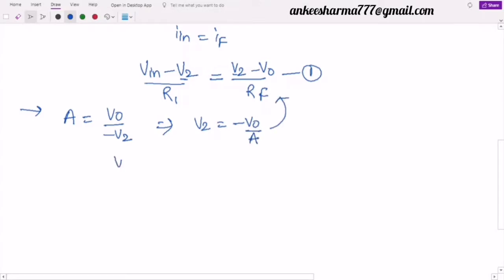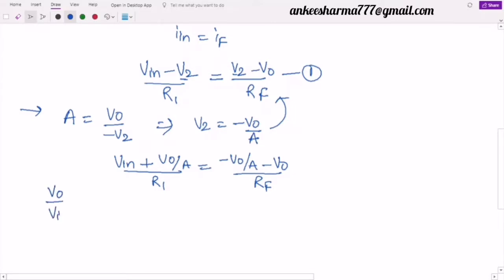So what I will get is V in minus V2, which is V in plus V0 by A, divided by R1, and it is equal to minus V0 by A minus V0 by RF. By solving this, I will get the value of the ratio V0 by V in, and it will come out to be around minus A RF upon R1 plus RF plus A times R1.